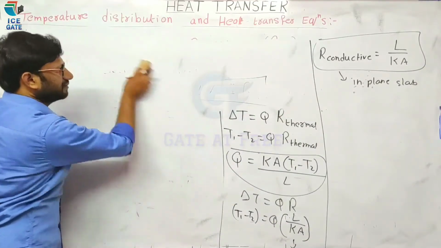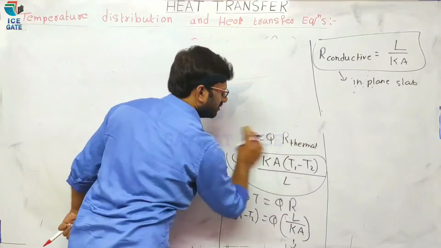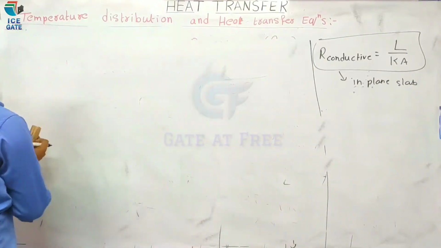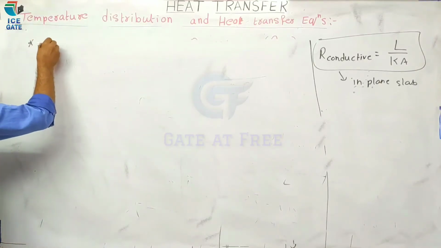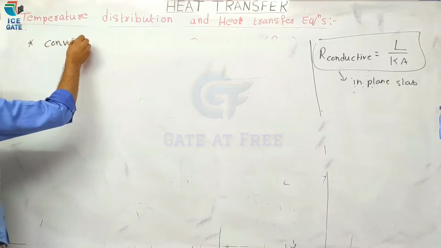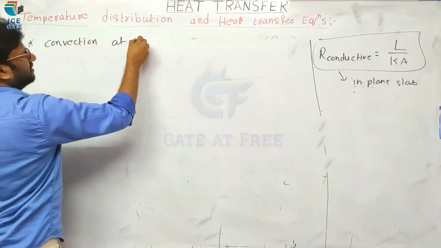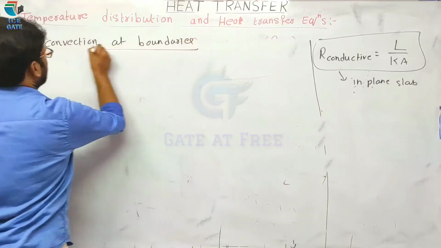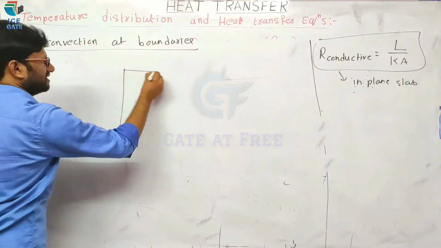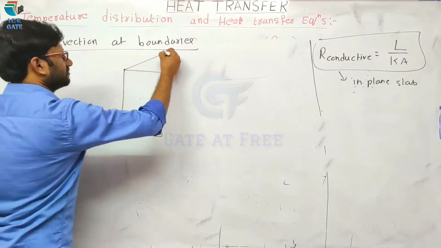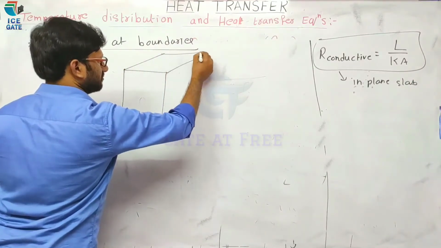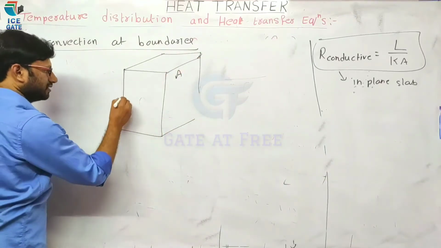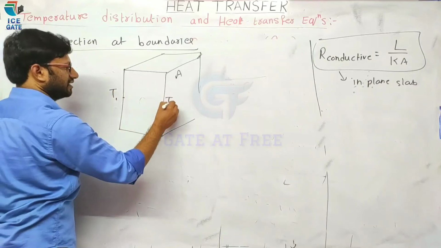Now make a side heading: convection at the boundaries. Now take a plane slab with area A, with surface temperatures T1 and T2.